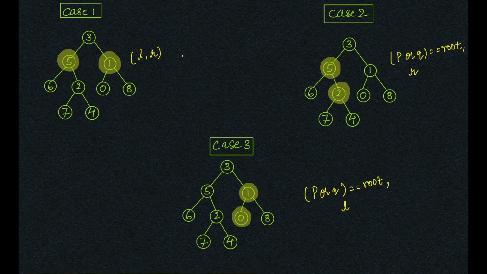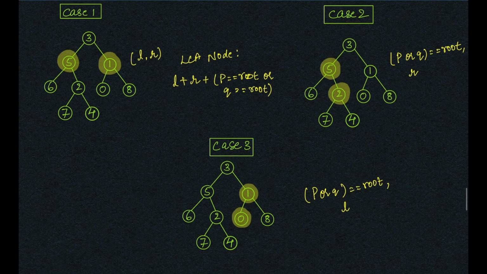My LCA node is going to be a node which satisfies this condition: left plus right plus (P equal to root or Q equal to root) is going to be equal to 2.